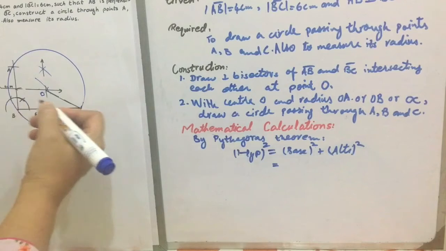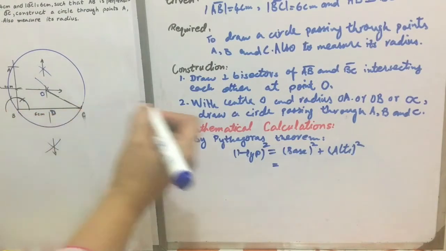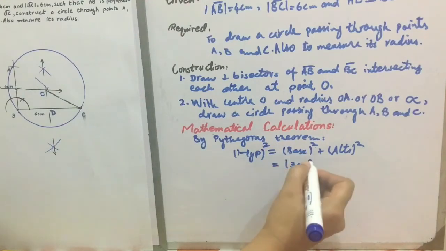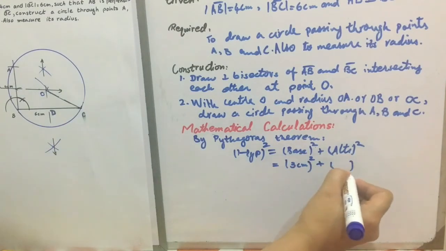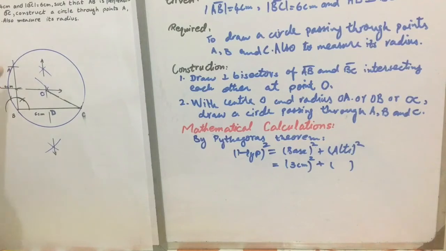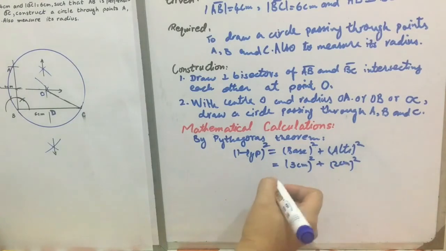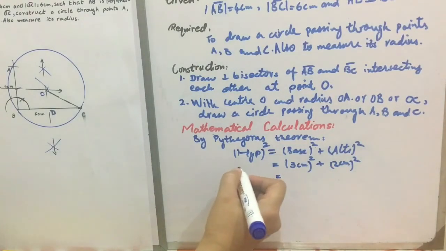Here we have base DC, which is half of BC or 3 centimeters. Similarly, altitude is half of chord AB, which is equal to 2 centimeters. And hypotenuse is OC.